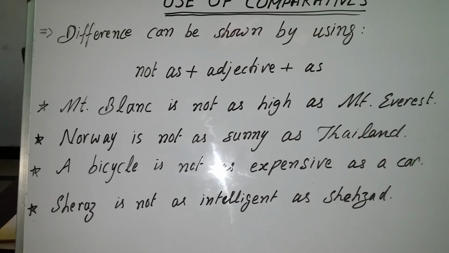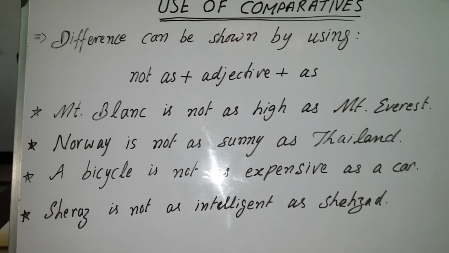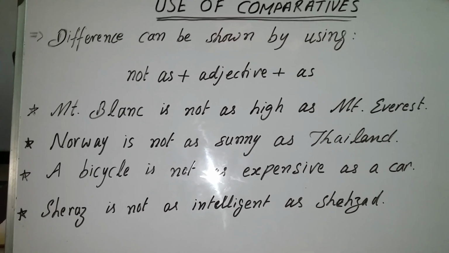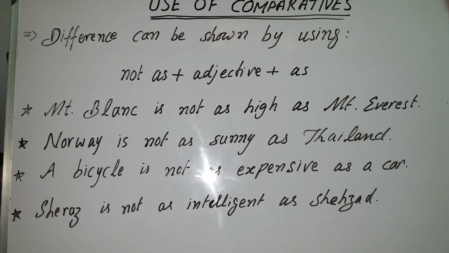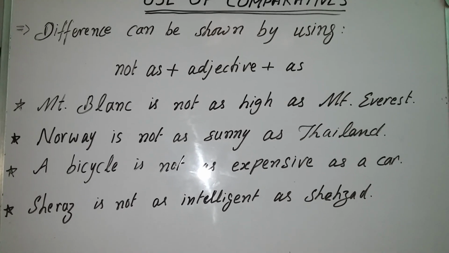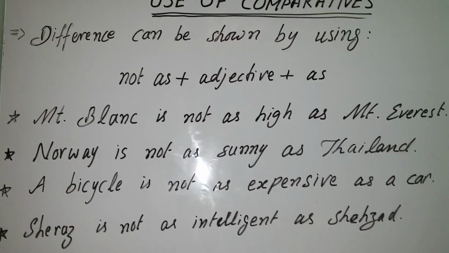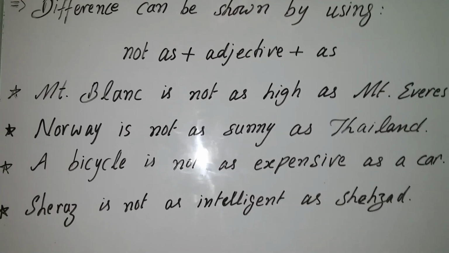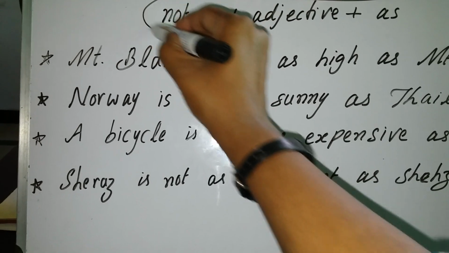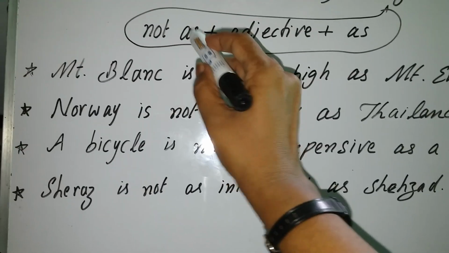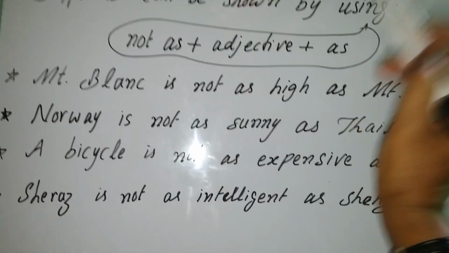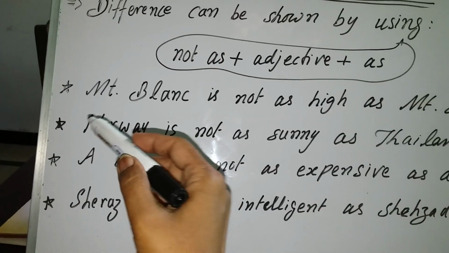Now in this way comparison can also be made. Difference can be shown by using not as plus adjective plus as. If you want to show the difference between two nouns, you can use this formula as well: not as plus adjective plus as. Now these are examples.